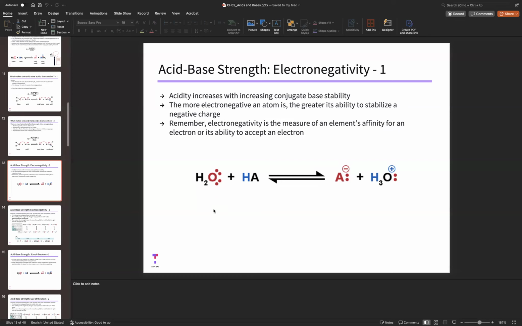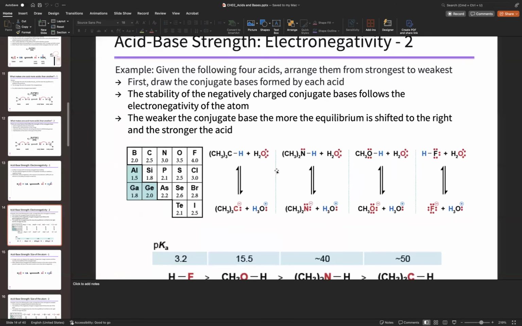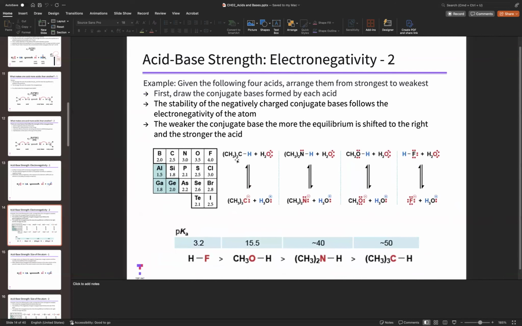Let's look at an example. All right, here we have 4 different reactions. They are all acid-base reactions, right? Have a look here. This compound with water. Now, what's the difference between all of these compounds? Notice they are all Bronsted acid-base reactions.